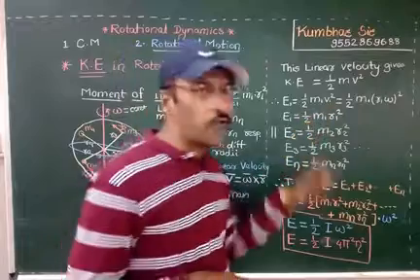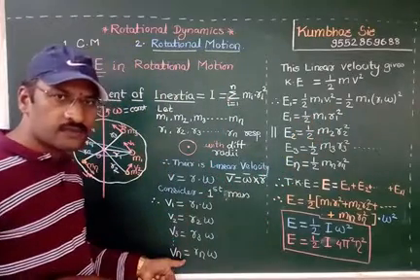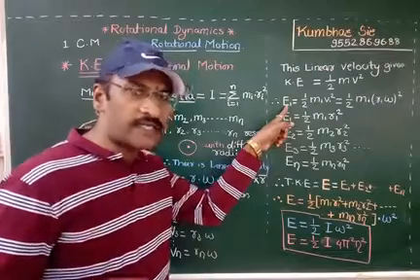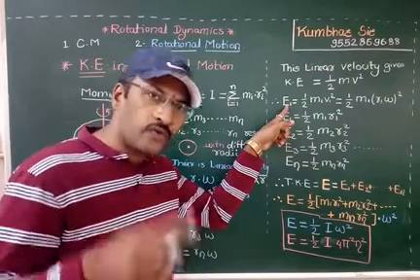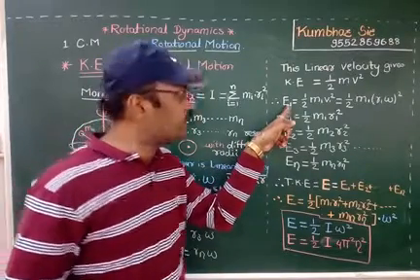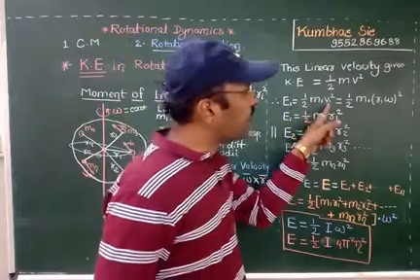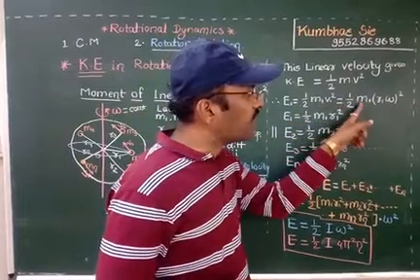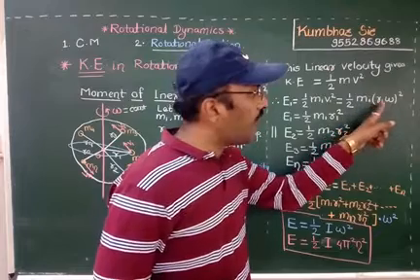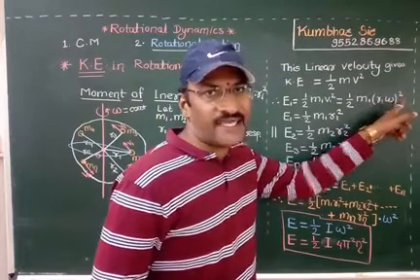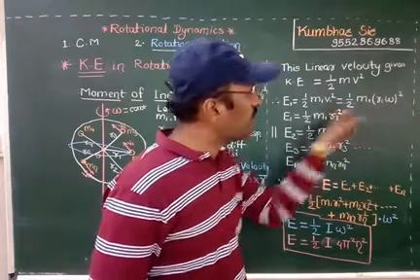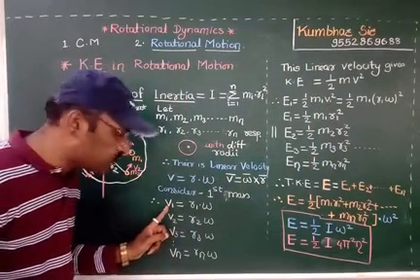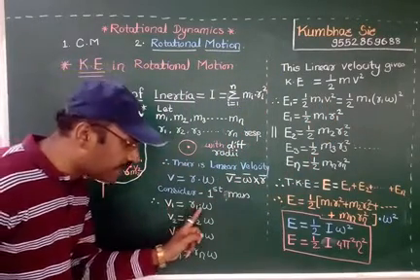Now putting the values of velocities in this equation, we get the kinetic energy of the first particle, whose mass is m1 and velocity is v1, equals 1/2 m1 v1 square, which equals 1/2 m1 into bracket r1 into omega bracket square, since v1 is the linear velocity of the first particle, v1 equals r1 into omega.